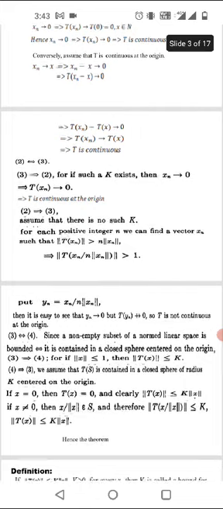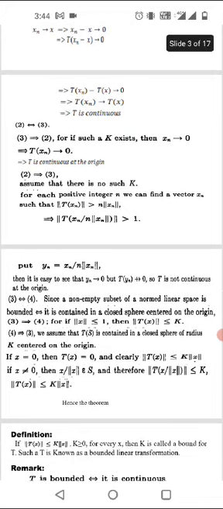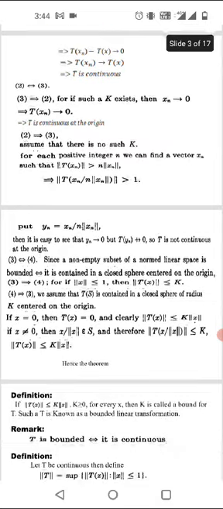And we know that norm of T of xn divided by n times norm of xn is greater than 1. Let yn equal xn divided by n times norm of xn. That is, yn converges to 0, therefore T of yn converges to 0 since T is a continuous linear transformation.